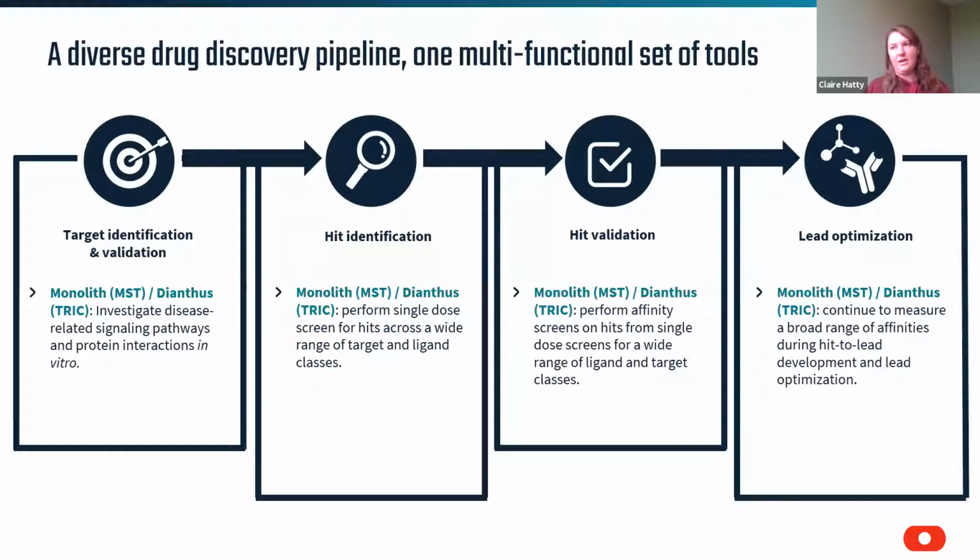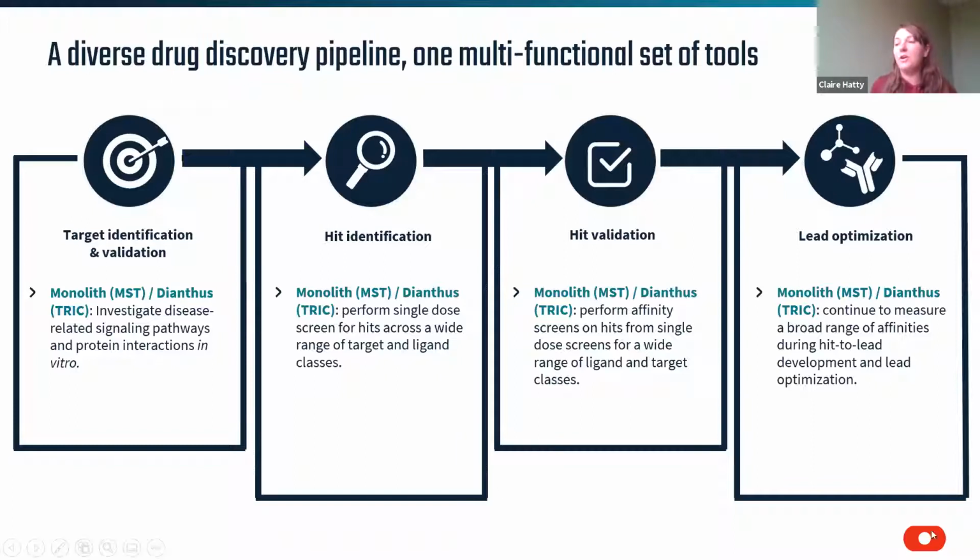Today, as I said, I'm going to talk about two technologies, MST and TRIC, that can measure a range of diverse biomolecular interactions. This could be throughout the drug discovery process, or indeed in any project that seeks to understand cellular processes.